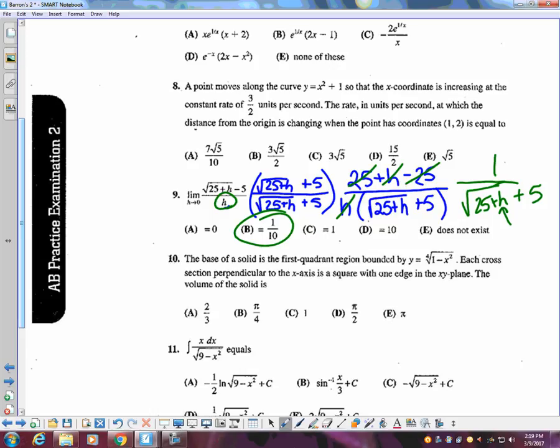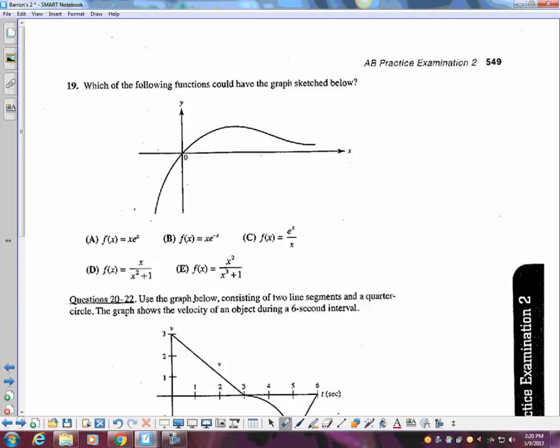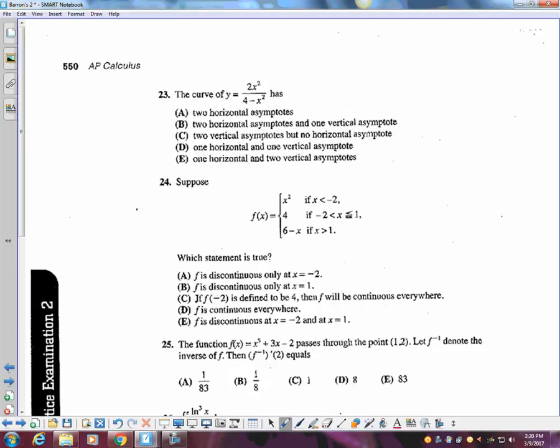Where to? 24. Okay, 24 has to do with continuity, something being discontinuous. This is a piecewise function. It has 3 pieces. So I'm an x squared for all my x's that are less than 2.